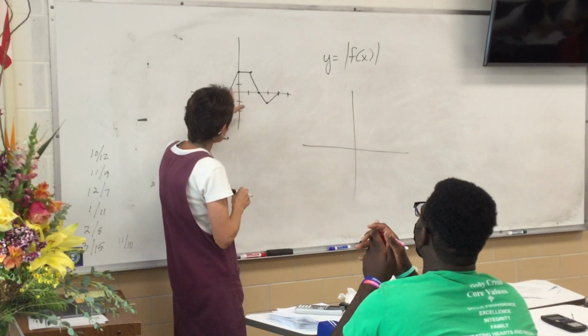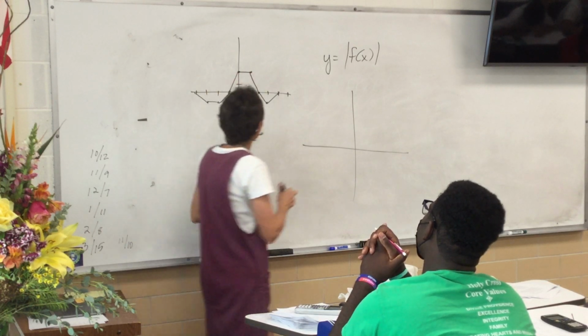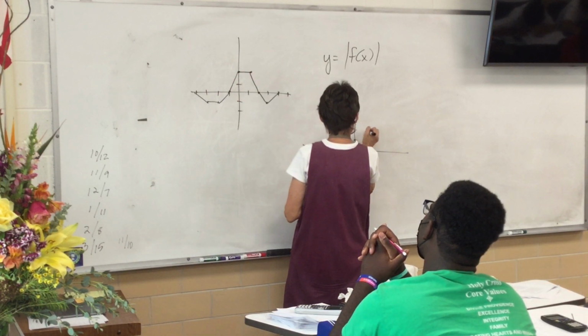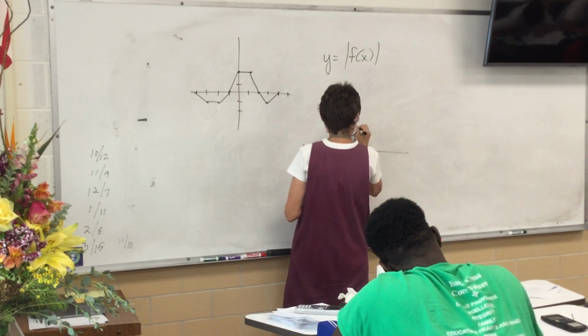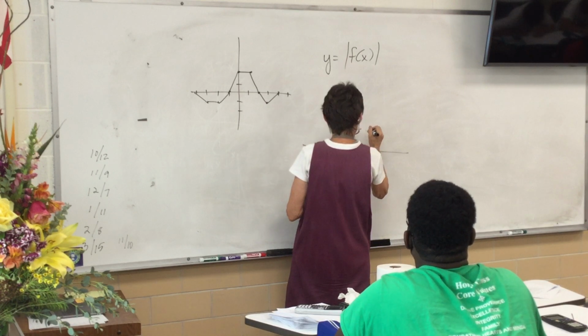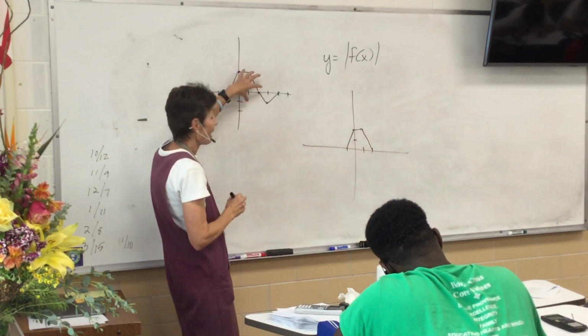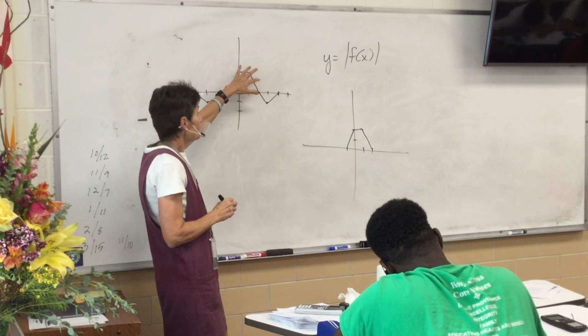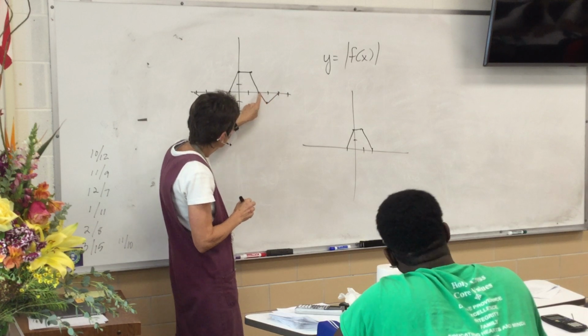Well, let's look right here at this little trapezoid. Are those y's already positive? Okay, so I'm just going to go ahead and redraw that guy. My trapezoid, his y's were already positive, so he doesn't change. But now what about this little triangle right here?